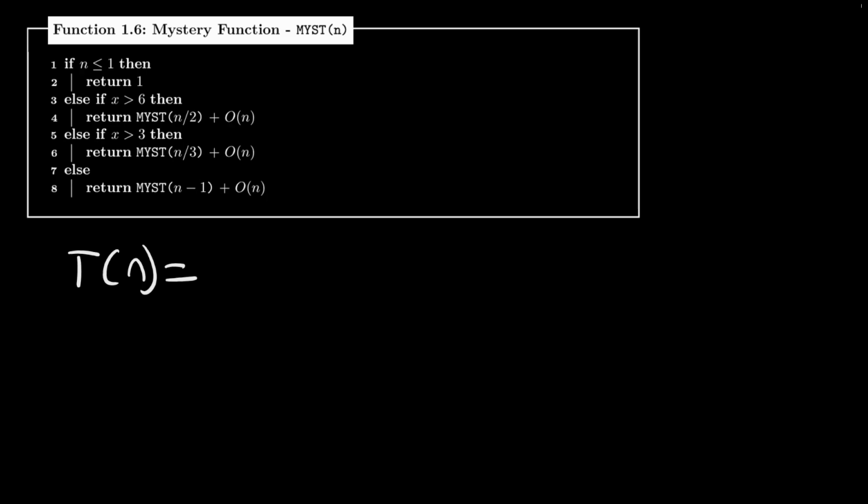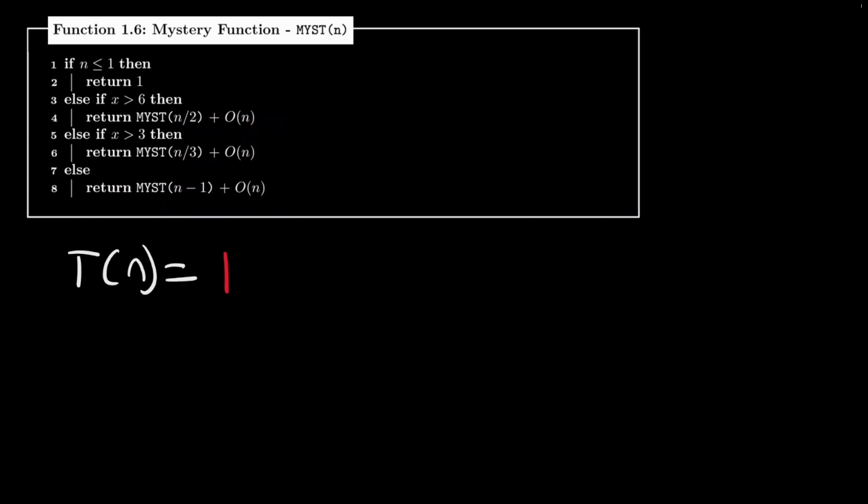We can have at most one, because we have an if statement here, an if statement here, and an else here. So only one of these is ever going to happen.